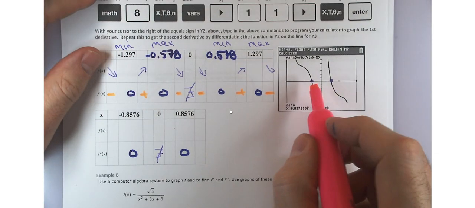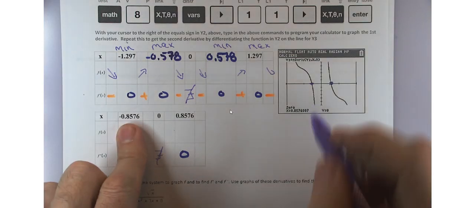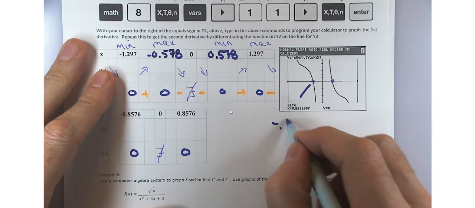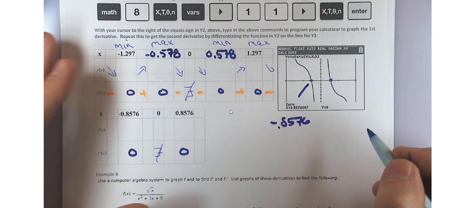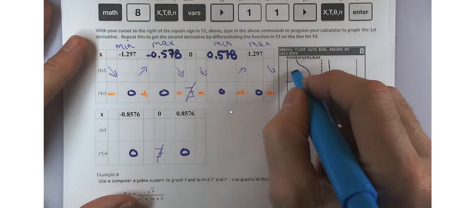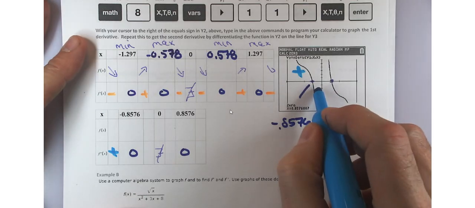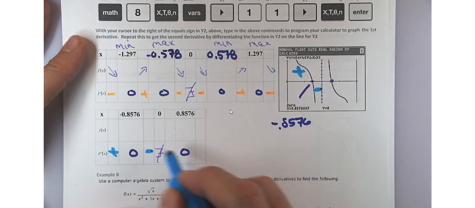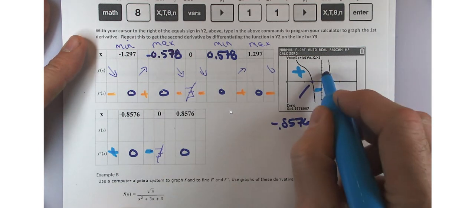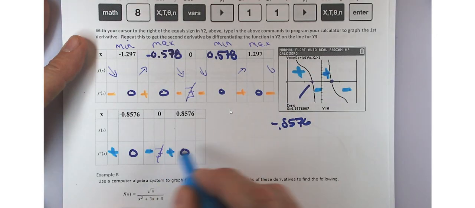To the left of this point, and I'm presuming that that's going to be our negative 0.8576, the function is positive. To the right of that point, but to the left of 0, the function is negative. To the right of 0, but to the left of this point, the function is positive, and then negative over here. So positive and then negative.